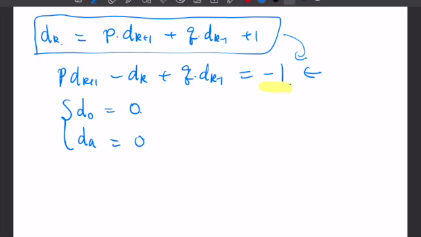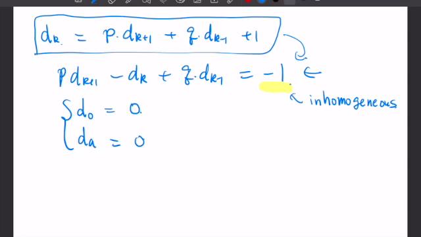Therefore, this is an inhomogeneous difference equation. Previously it was 0, so it was called a homogeneous difference equation. It's just like differential equations, homogeneous or inhomogeneous differential equations.